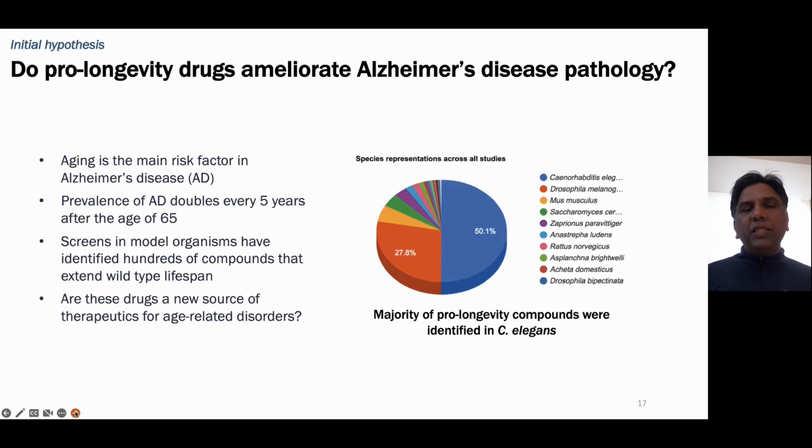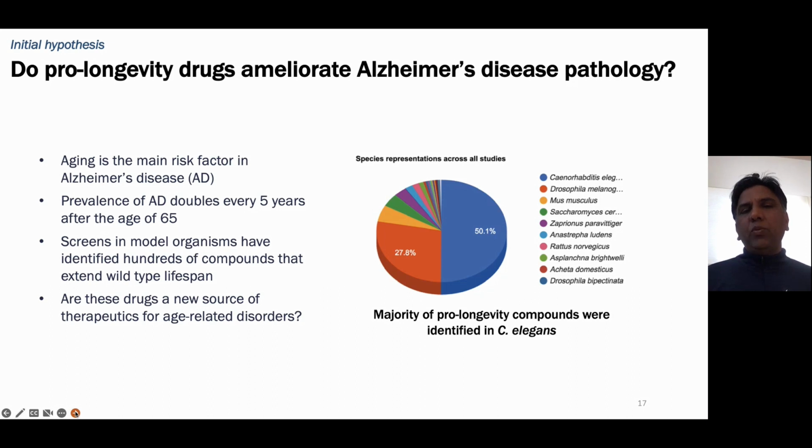So the basic hypothesis that was underlying this screen was that, as I indicated earlier in terms of AD, age is a risk factor. In fact, the prevalence of AD doubles every 5 years if you're older than 65. So that is a significant risk in terms of seeing AD in older people.